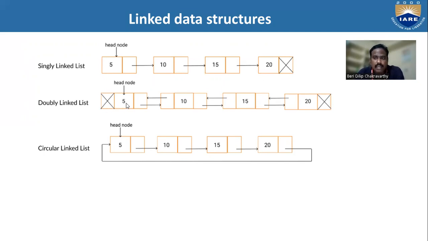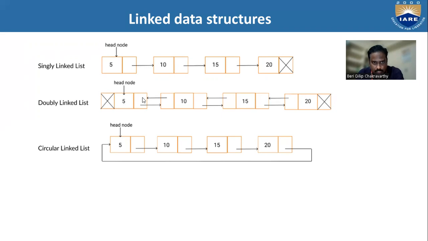Similarly, the double linked list. If you see the double linked list, there are two address parts. One stores the address of the previous node and the other stores the address of the next node. As this is the first node, there is no previous node, that's why we are placing null here. So 5 is the actual data.